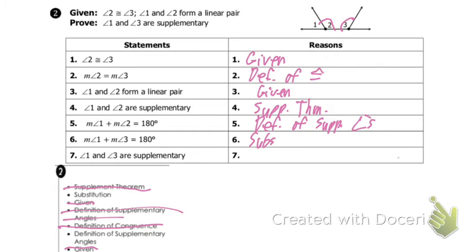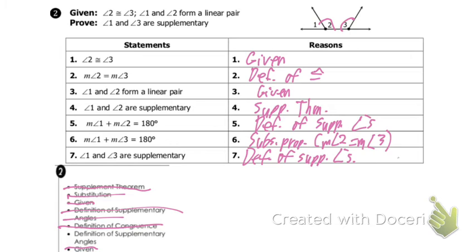What are we substituting? Yeah, we're substituting the measure of angle 2 for the measure of angle 3, back from step 2. Okay, so now we went math to words. So probably definition, and it is definition of supplementary angles. If these two angles add together to be 180 degrees, they are in fact supplementary.